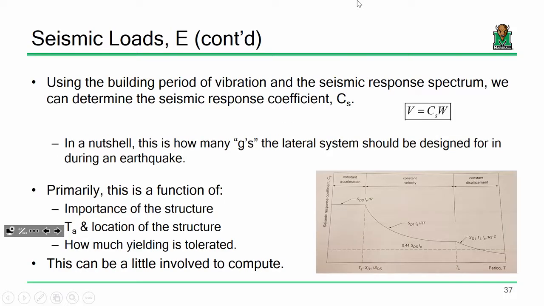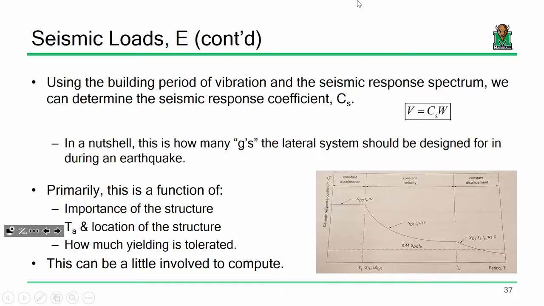Once you determine the building's period of vibration and you've got that seismic response spectra, you can then determine how many G's the building is responsible for, and that's this constant C sub S. I'm soft pedaling this a little bit, because there's a little bit of math that goes into C sub S, but primarily it's a function of the response spectrum that we looked up earlier using the USGS website.